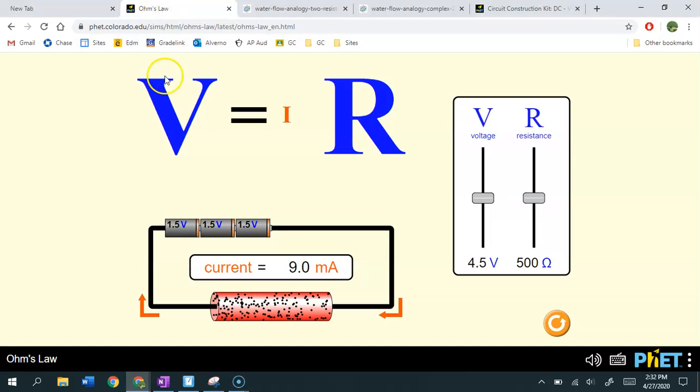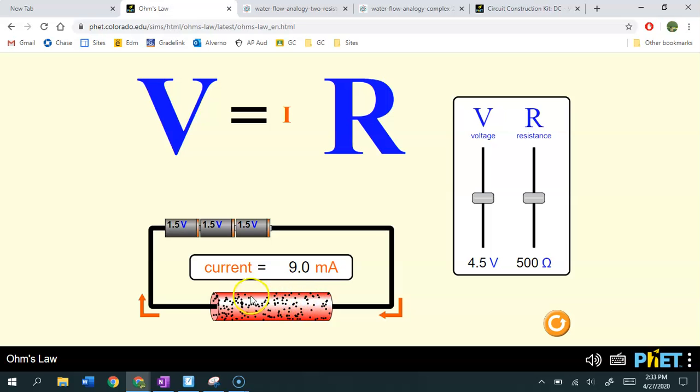It's kind of like the F equals ma of electricity. Think of it that way. What I have in red is a resistor. Recall that if you think of sand particles inside of a hose, it really helps to understand what resistance is.